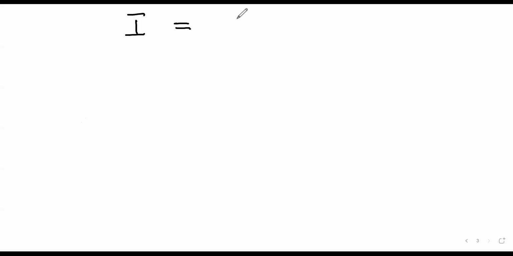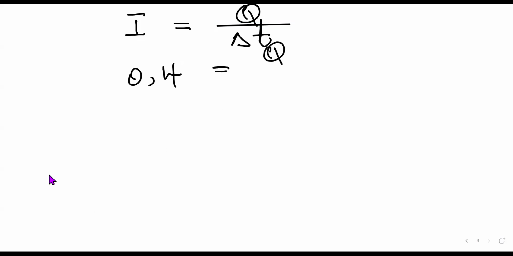We say, well, the current strength is defined as the rate of flow of charge. This is what we know. And now the amount of current that's flowing through is given to us as 0.4 amperes. We are looking for the amount of charge. And the time, they gave it to us in minutes.